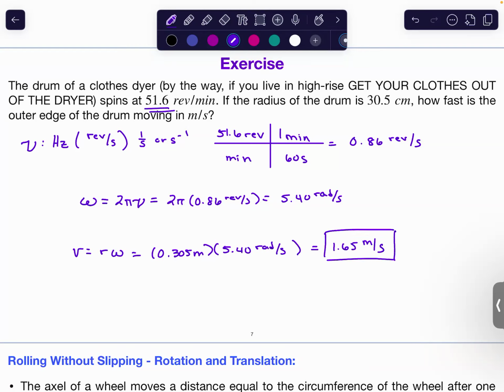Of course, if this is rotating at a constant angular speed, this linear velocity is, again, remember that velocity vector that's tangent to the curvature at any point? So if the point on the outside of the drum was to fire off at a certain point, it would fly straight off at 1.65 meters per second.